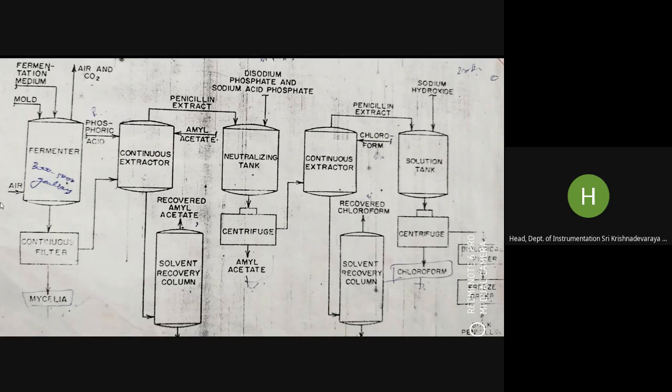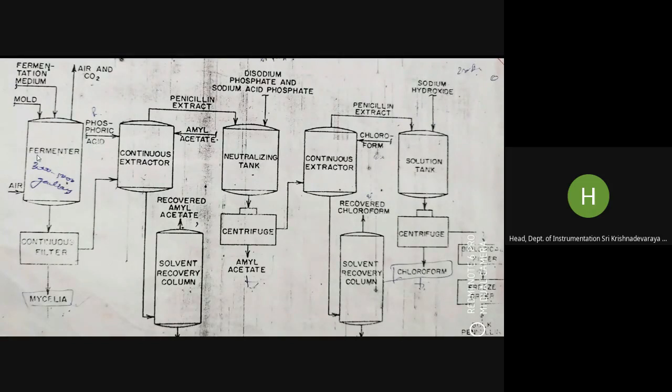Inoculated means it's like a vaccination, injected with a limited amount. So when the suitable fermentation medium is adjusted for nutrients and pH and inoculated with selected mold spores, you actually have the penicillin production.